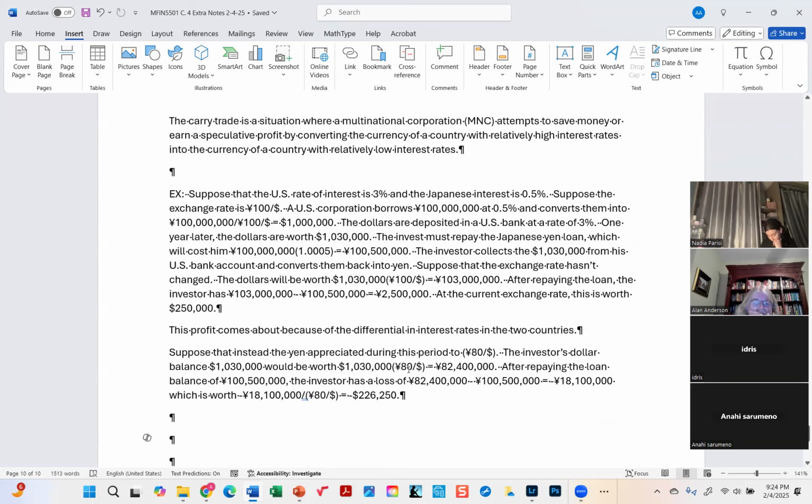So you see, there's the thing with the carry trade. But oh, by the way, on the other hand, if the yen had depreciated, the investor's profits would have been even greater.